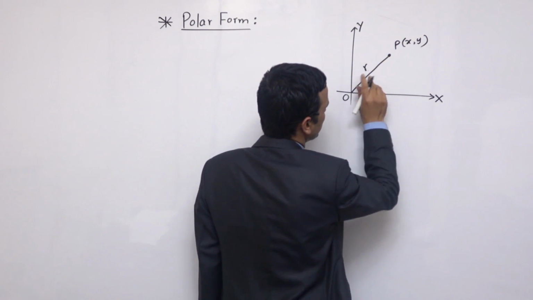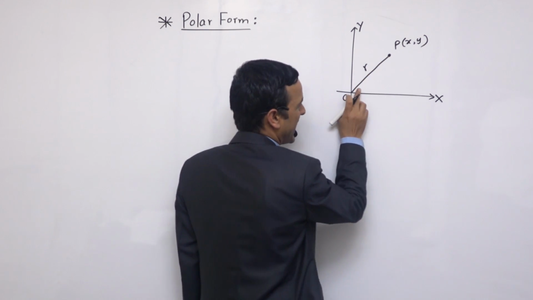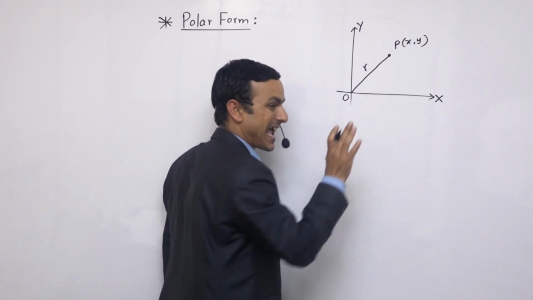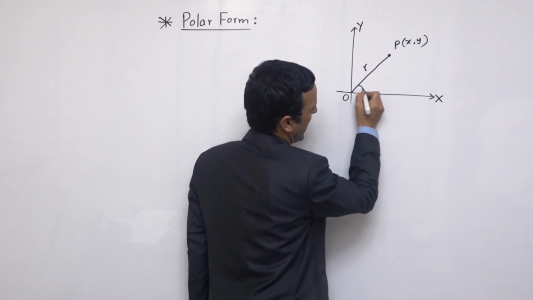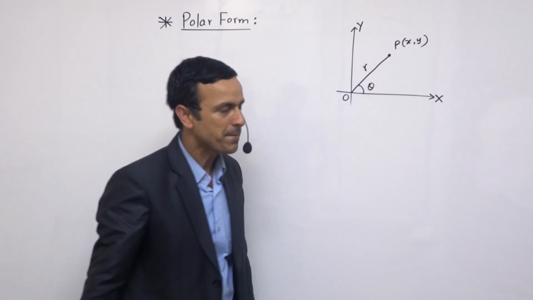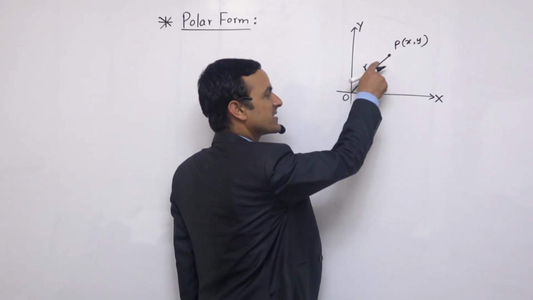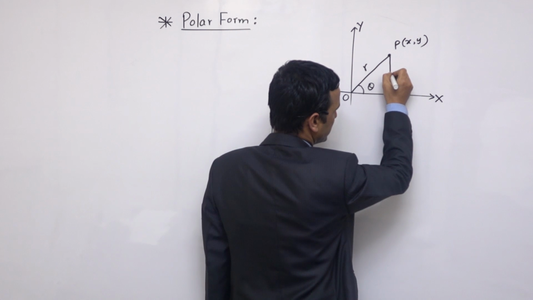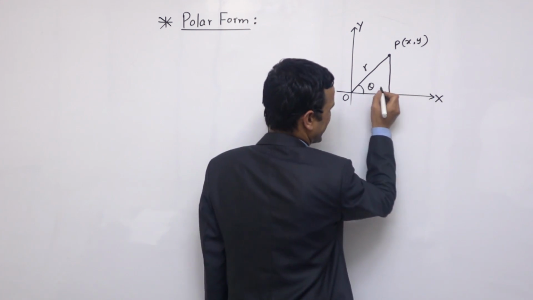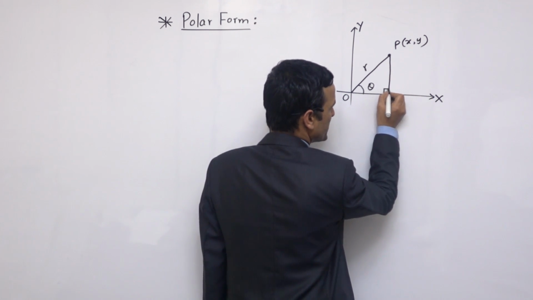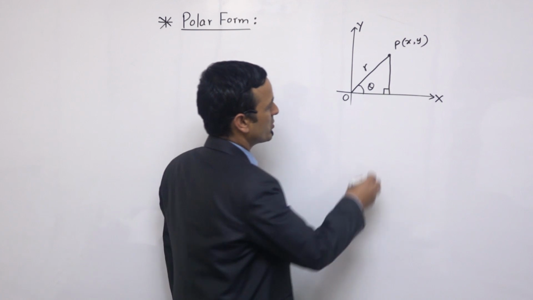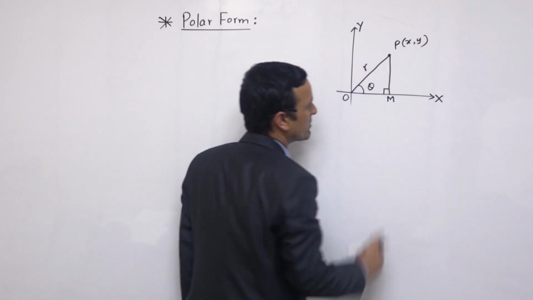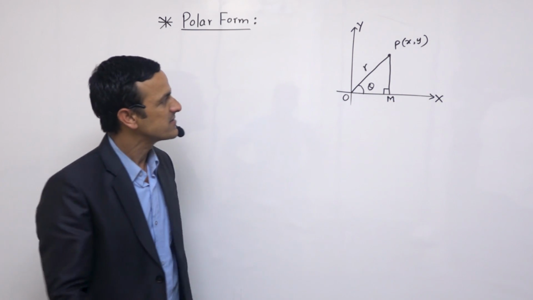So if we take the line, the angle made by this line with x axis is theta. This is theta. This is the angle made by this line with x axis, and draw a line from P on x axis, OX, which is perpendicular. So PM is perpendicular on OX.